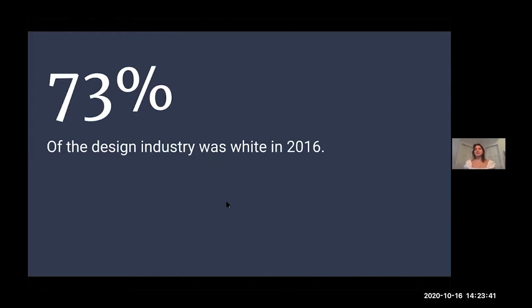And this one's pretty bad also. 73% of the design industry was white in, I think that's 2016. Yeah, 2016. So we have some real problems here about who's actually building technology, who's even making the design decisions versus who's implementing it, all the way across the board, who's able to provide feedback, who's actually using it. Things aren't going that well.